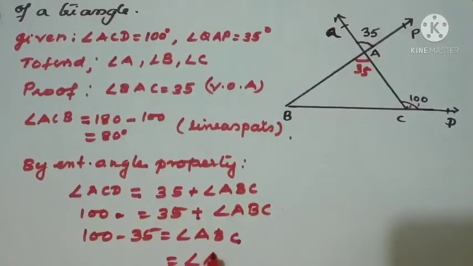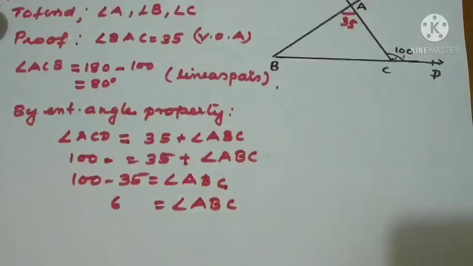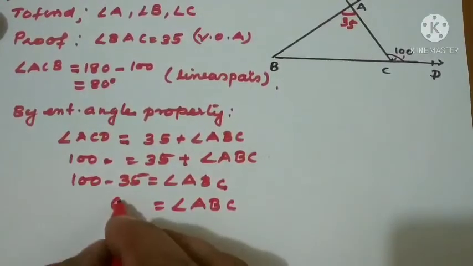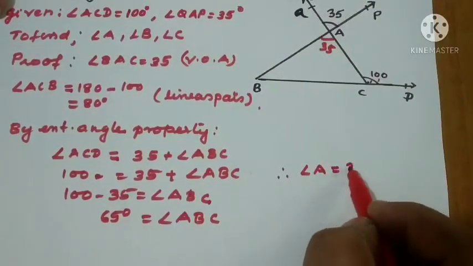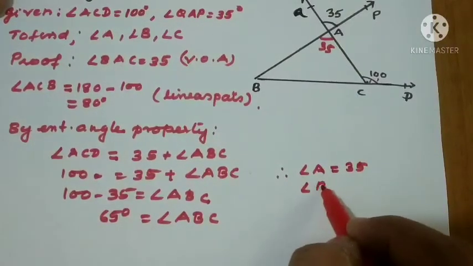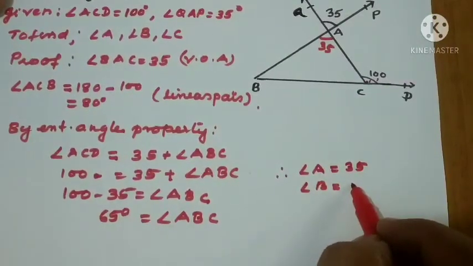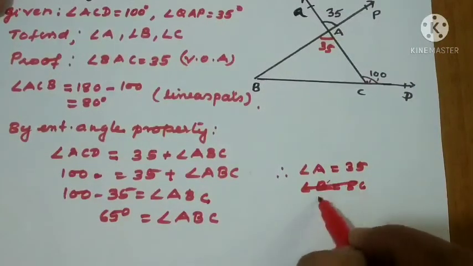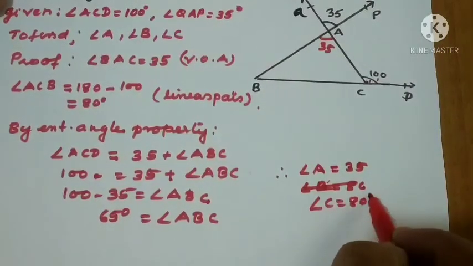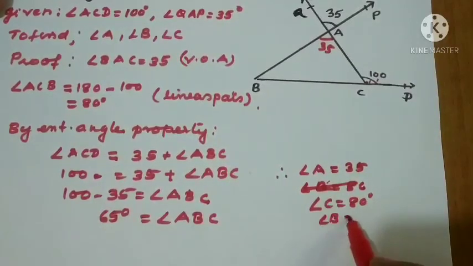So angle ABC equals 65. Angle A equals 35, angle C equals 80, angle B equals 65.